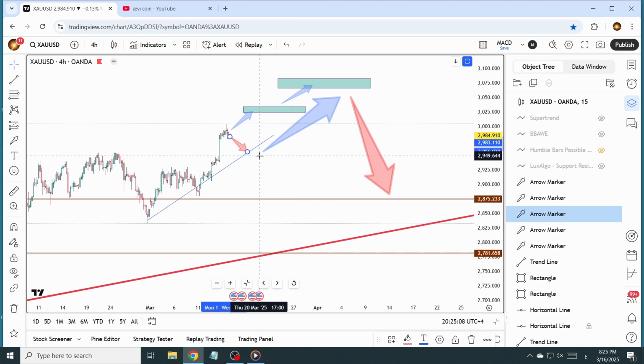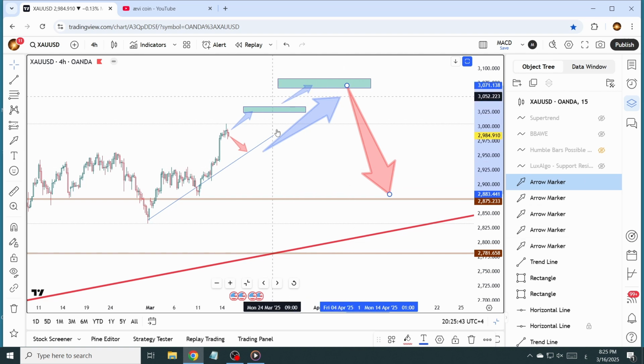After that, a test of two zones. The first one between 3030 and 3035. The second one is between 3065 and 3082.84. This is going to be a very critical zone for gold.